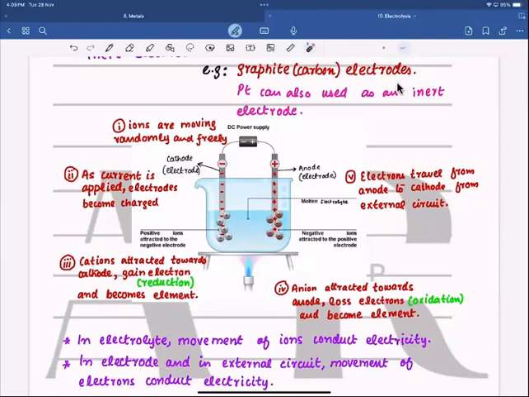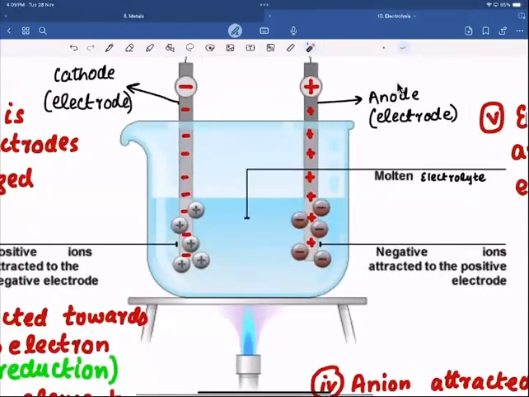So if you recall, we have discussed in the last class, what happens to the positive ion? That positive ion reaches the cathode, and as it's positive, it means it has fewer electrons. It gains electrons, and by gaining electrons, it turns into an element, right?